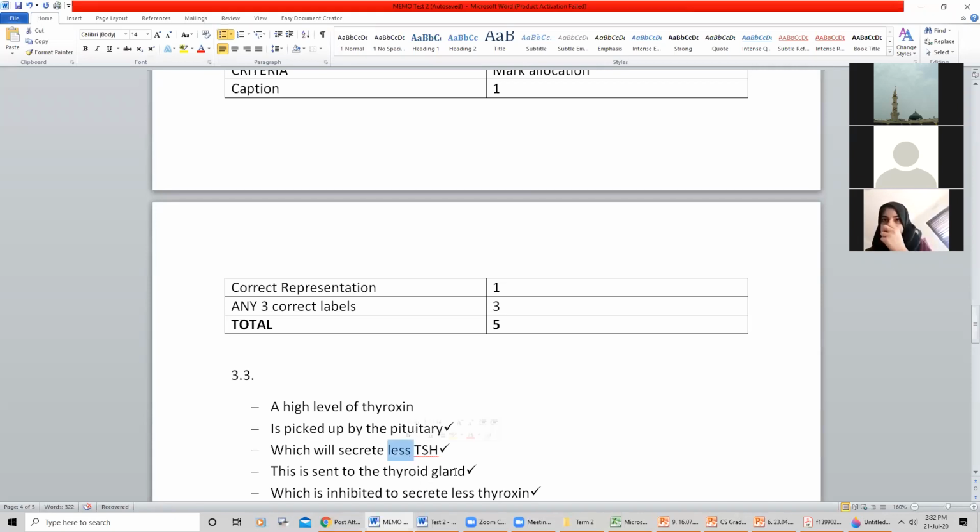Remember, with the hormones, generally, you're going to be saying less or more when you talk about the secretion. And this is sent to the thyroid gland, which is the target organ that responds, and it will result in less thyroxin being secreted.